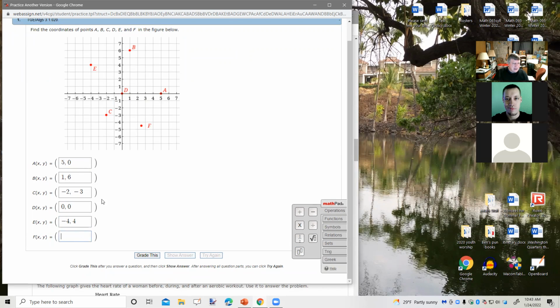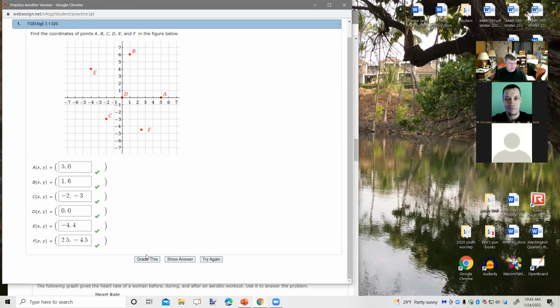And finally, F, it looks like it's 2.5, negative 4.5. And let's see how I did. Okay. Any questions about that example?